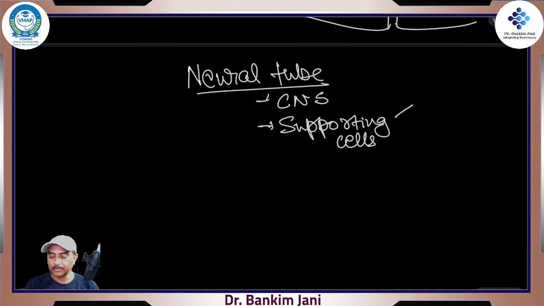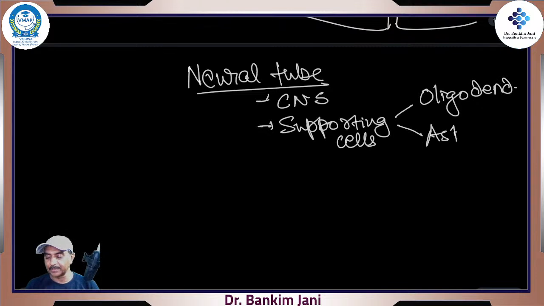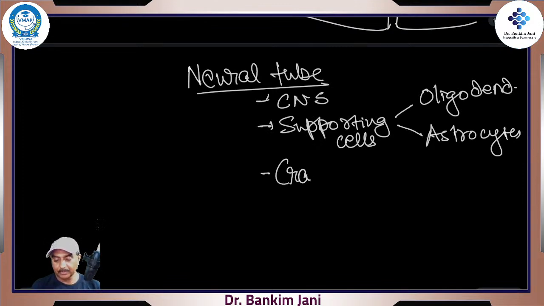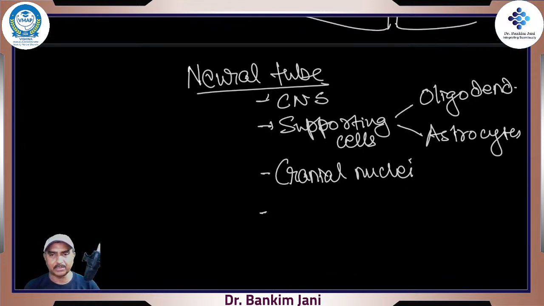So here, oligodendrocytes, astrocytes, etc. They are all formed by the neural tube. Cranial nuclei. You won't have to cram which nuclei is mixed, which is sensory, which is motor. Everything would be crystal clear the moment you see the embryology. So we'll see that.